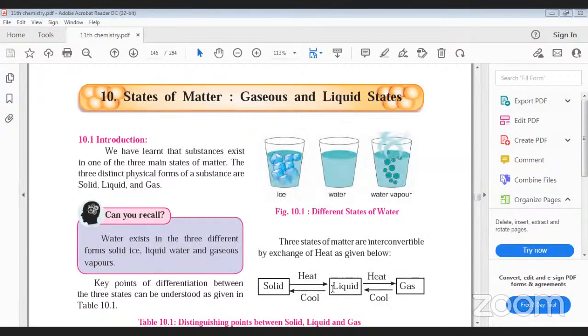Now, after the liquid state, if you heat further, what happens? Liquid molecules start moving much more away from each other. When you heat water, what you observe is that water gets converted into water vapor.